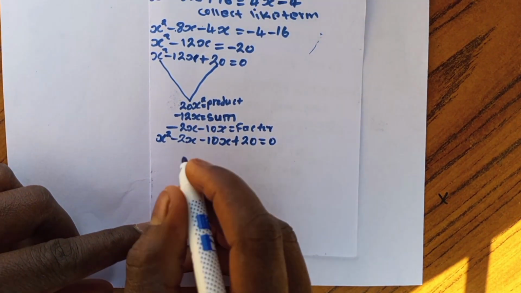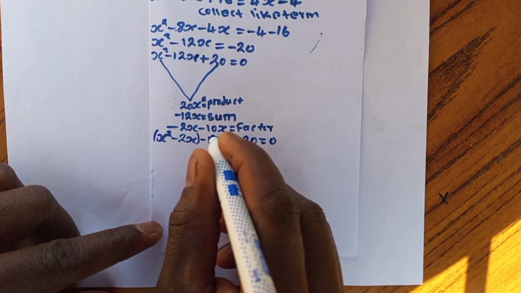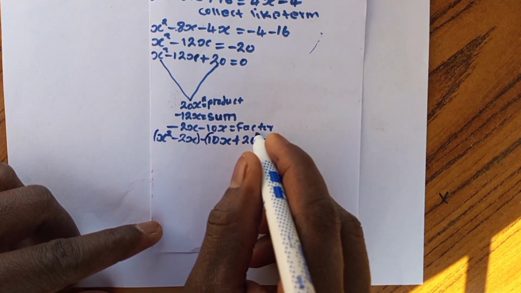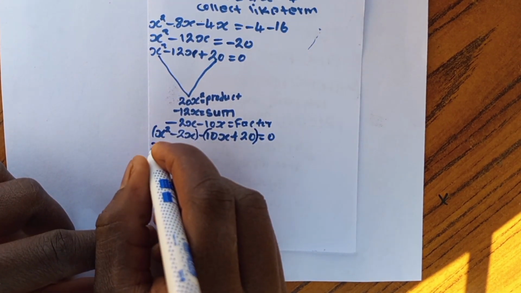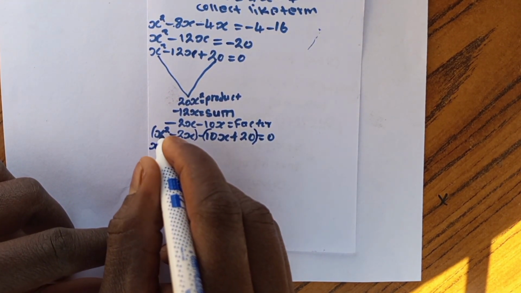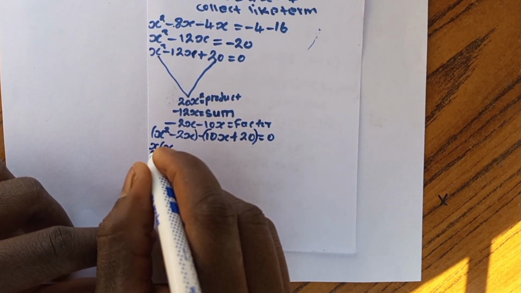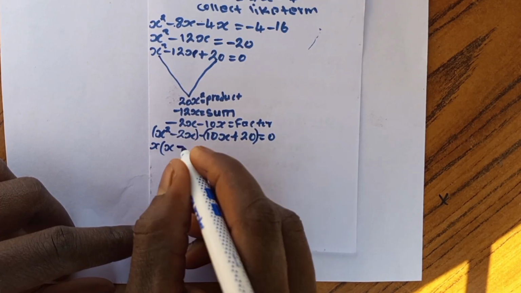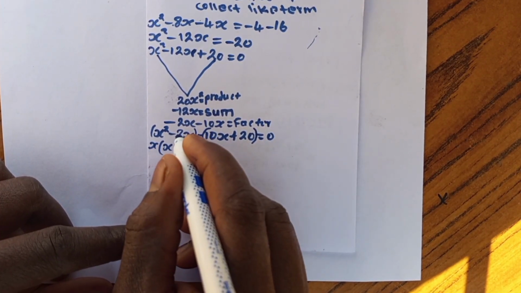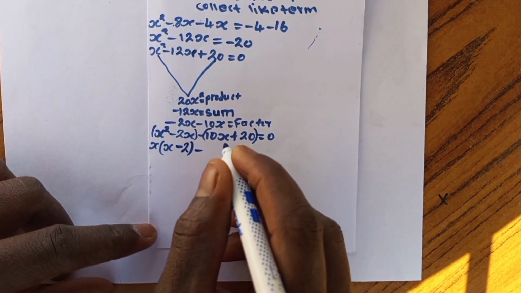So we continue. The next step, bracket it 2 by 2. So what is common here is x. Factorize x. You know that this is x square. X square divided by x, you are going to have what? X. Meaning if you multiply x times x, you are going to have x square. Here is minus, you also put your minus. X cancel x. What is remaining is 2. Here is minus, you also put your minus.